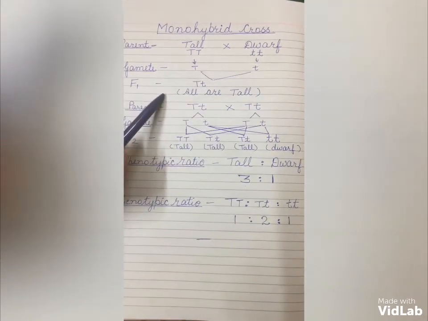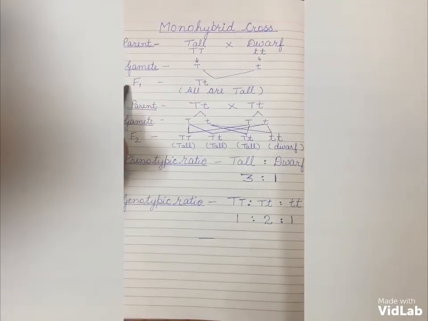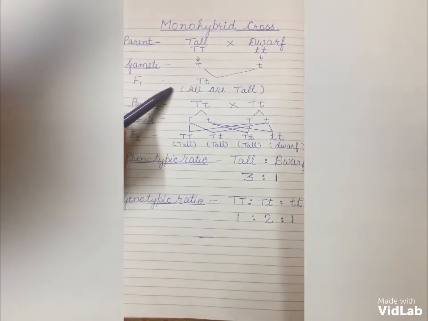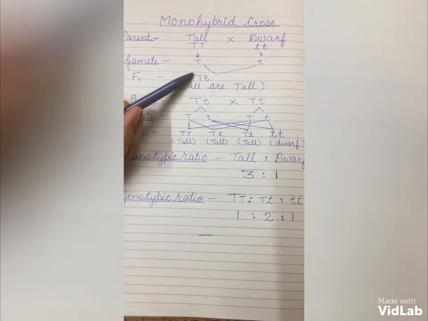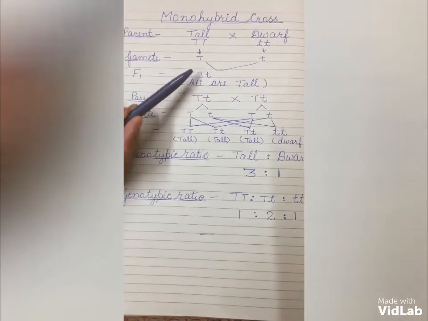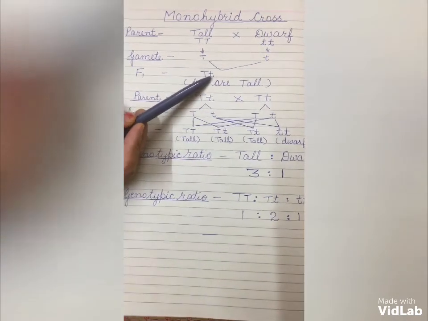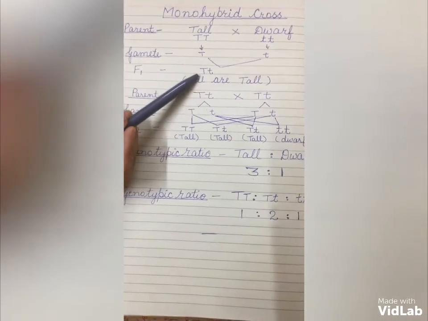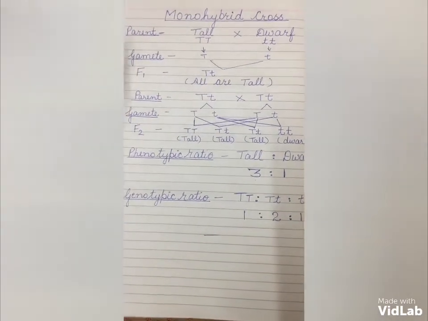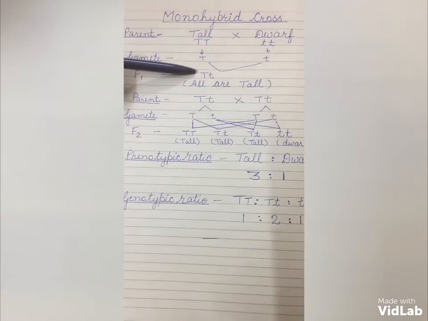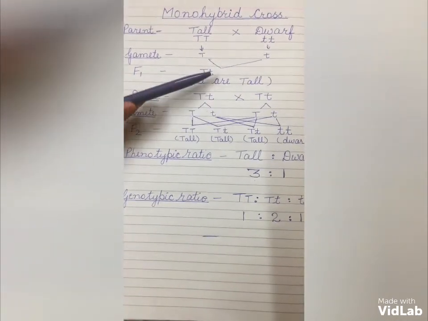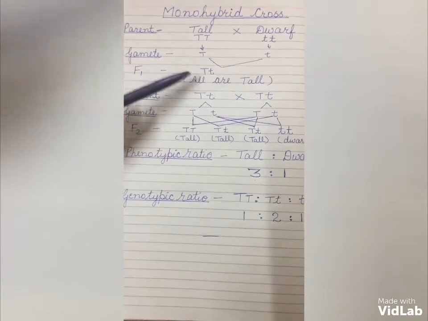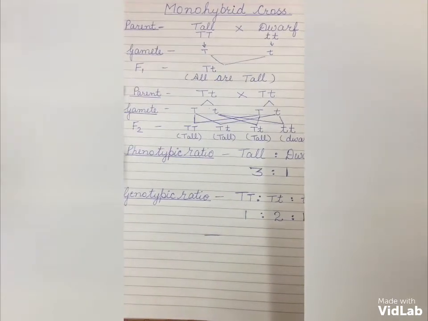He concluded that in F1 generation only dominant character appears. When dominant allele is present, recessive allele is unable to express itself. So only dominant character appears in F1 generation.